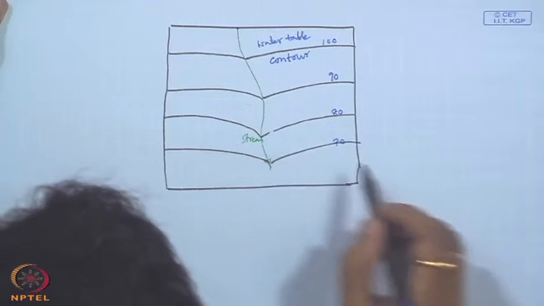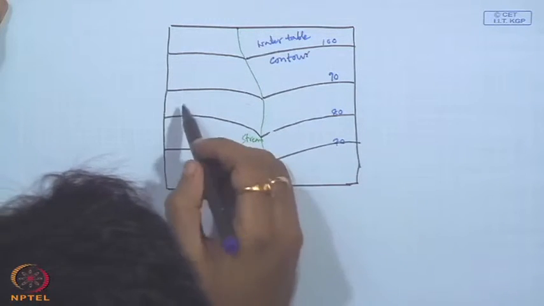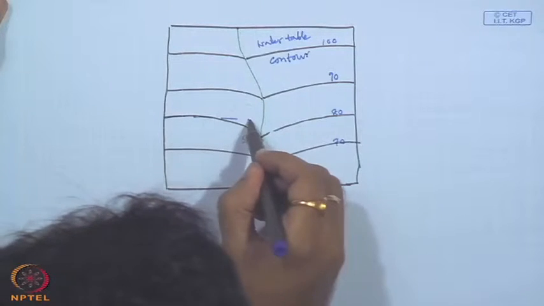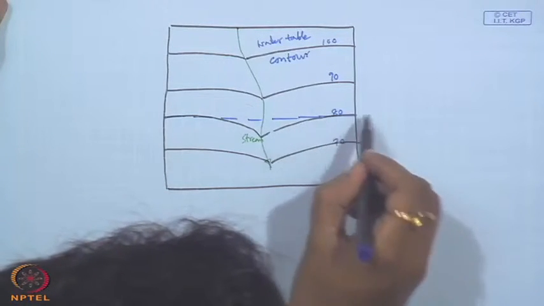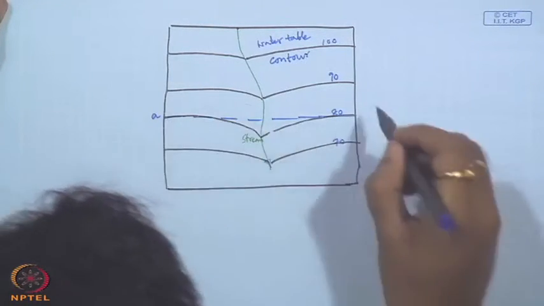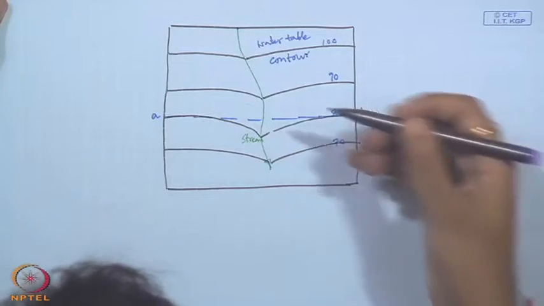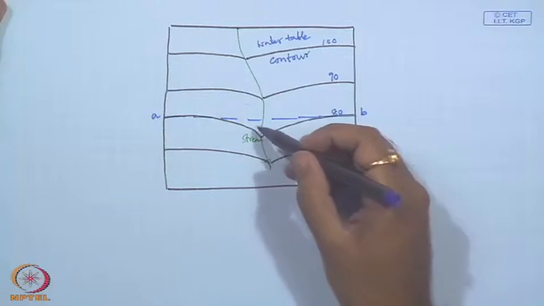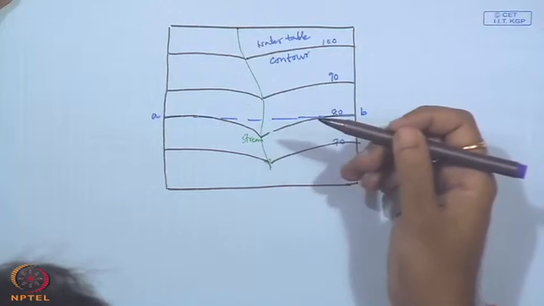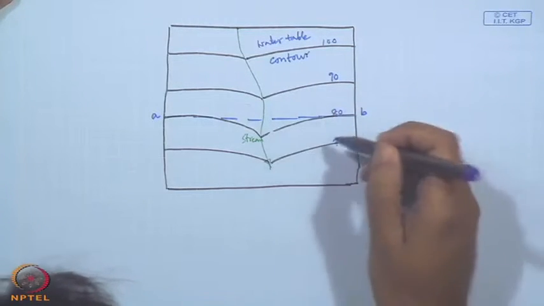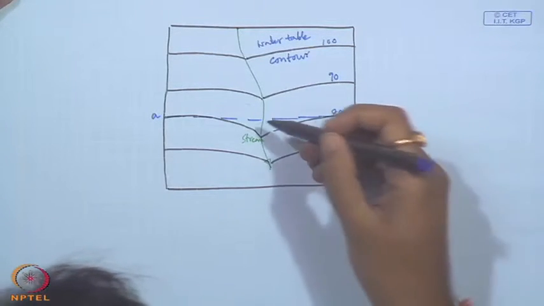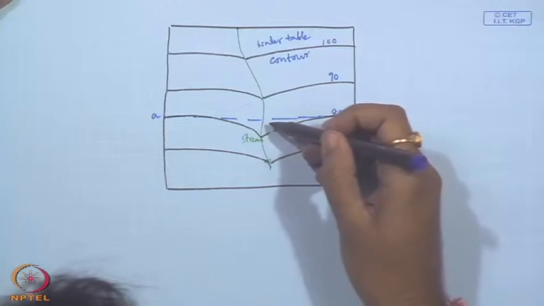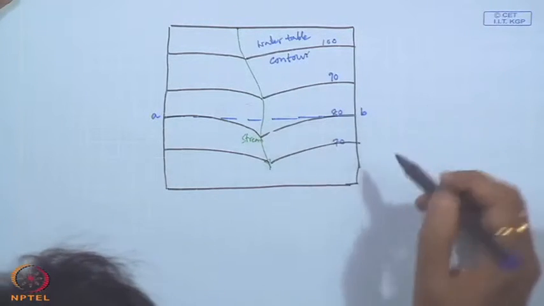In this case, if we draw a straight line as we have drawn for the gaining stream, we will find that this contour will point towards the downstream direction at the intersection point with the stream.